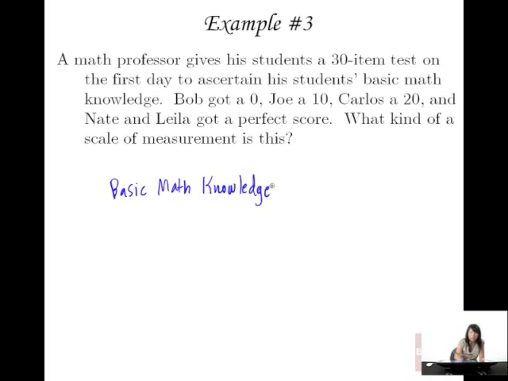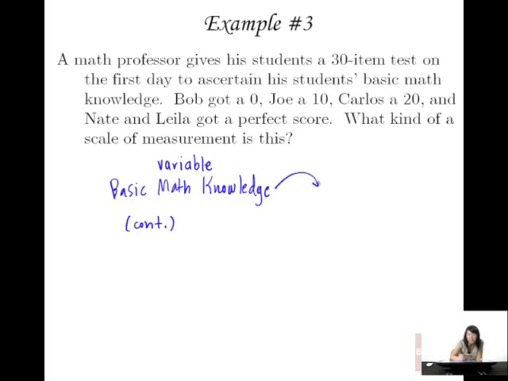So basic math knowledge is the actual variable that this professor is interested in. And basic math knowledge is a continuous variable. Right? Somebody could have just a smidge more or just a smidge less than someone else, right? So every value can be covered.